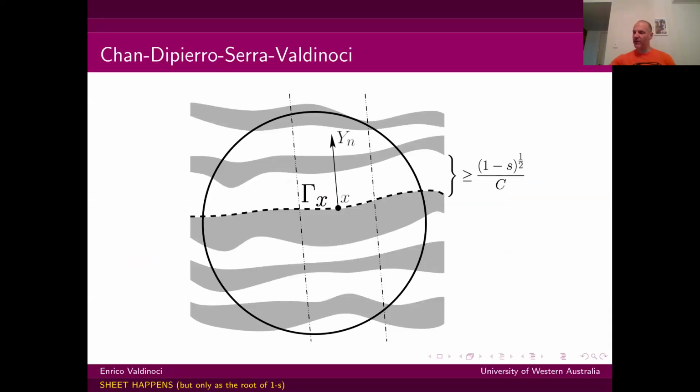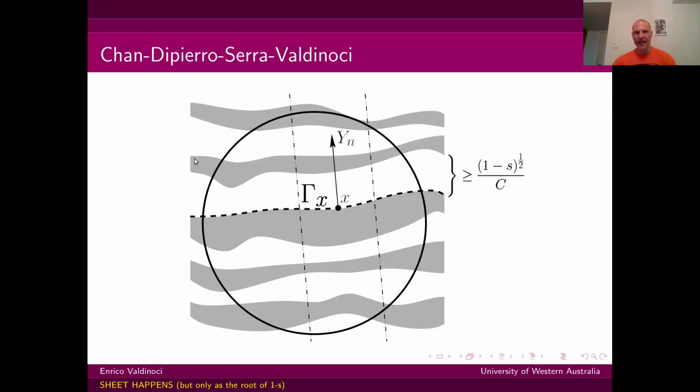Now I will give you the theorem. The theorem is a bit complicated, but basically it says that, suppose you have this ball, say the ball of radius 1, and suppose that in this ball you have a large number, possibly a very, very large number, of sheets. I'm drawing black and white: say the set is the black and the complement of the set is the white.